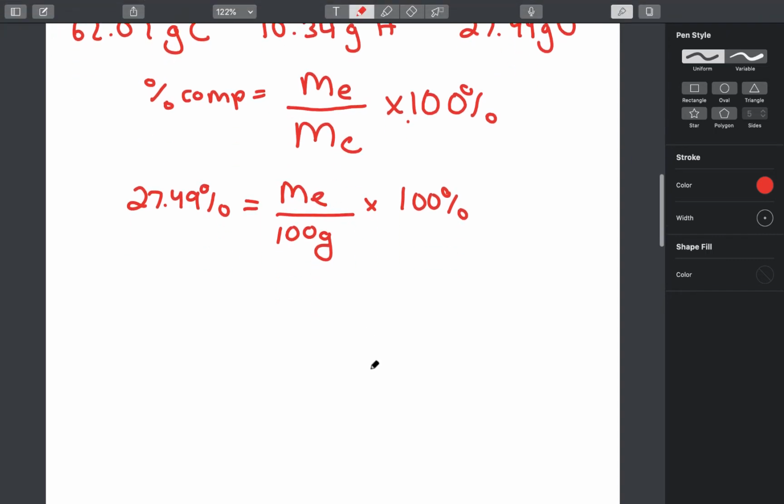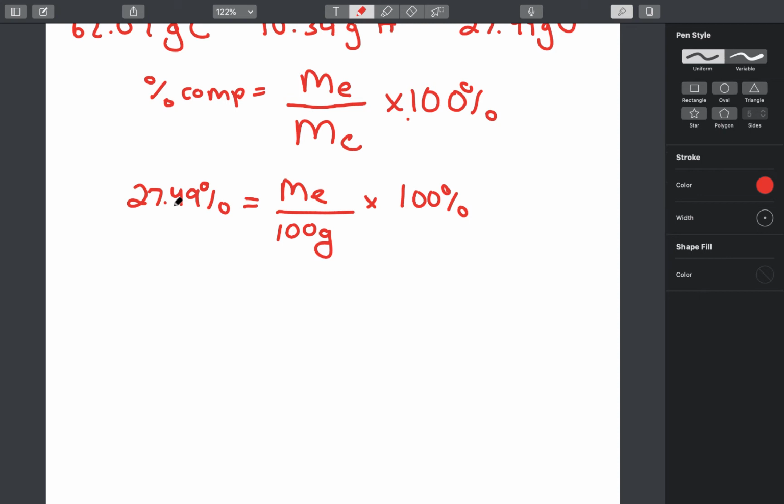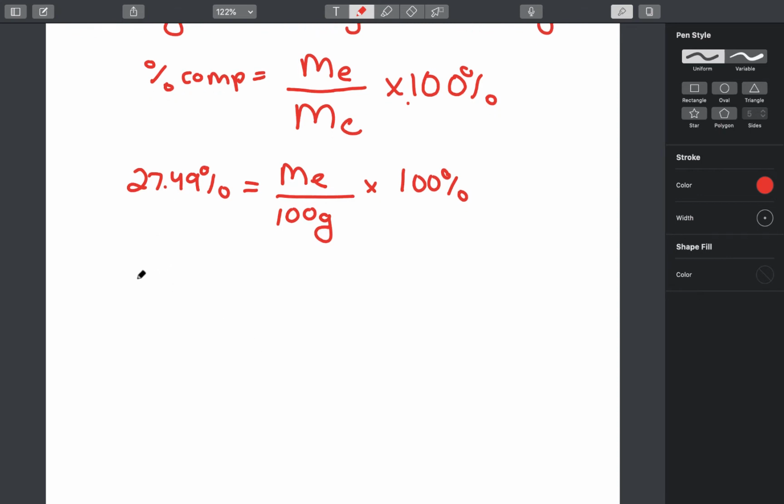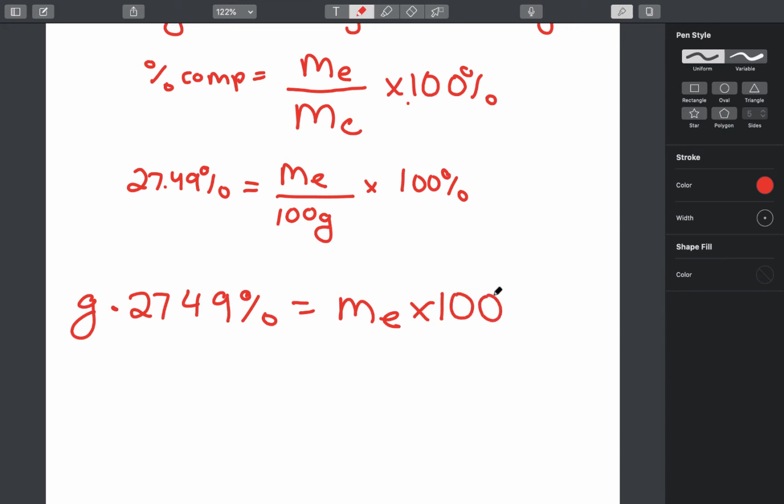So in order to do this, you multiply 100 grams by 27.49, and this would equal 2749 grams times percent, because that's just conserving units, because you multiplied grams by percentage. So in order to find the mass of the element, you divide by 100%, allowing percent to cancel out.